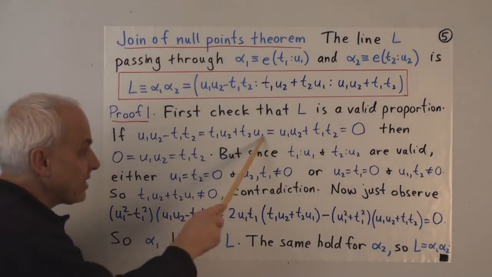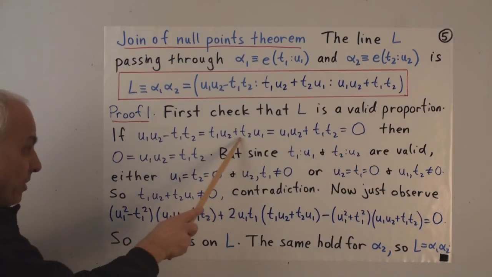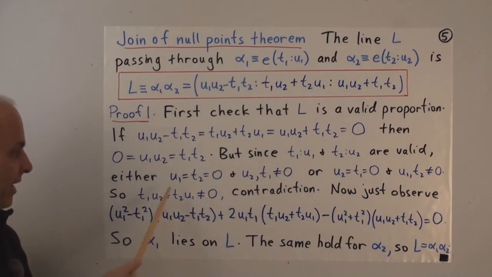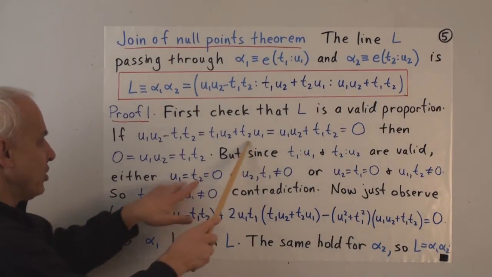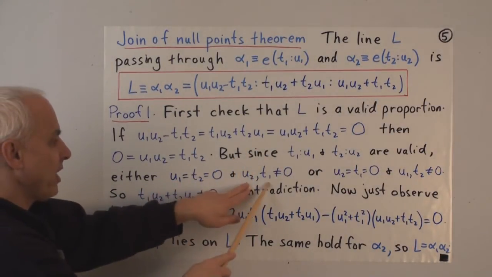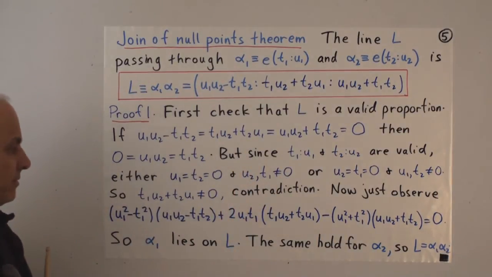But then in either case, if we look at this middle term, which we haven't considered yet, t1 u2 plus t2 u1, in this case here, the u1 t2 term would be 0, but this one here is the product of two non-zero things. It would definitely be non-zero.